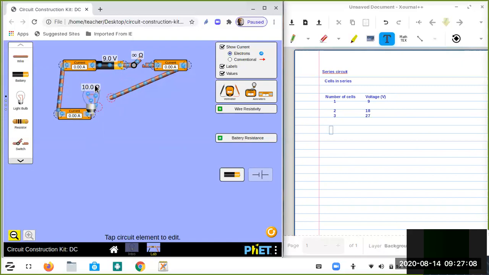I'm just going to connect one more resistor here and see what happens. The brown lines that we're having here are known as connectors.